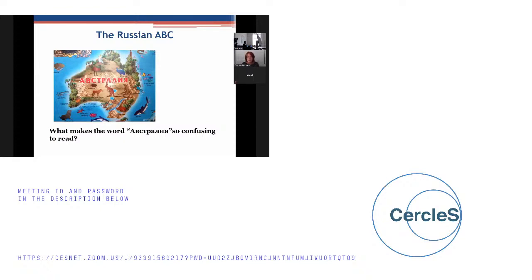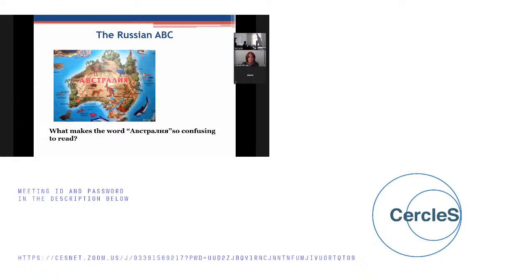So we start with the Russian ABC, and as a native Russian, I have to remind myself that Russian is a difficult language to learn, and the Russian ABC is a very complex thing to acquire. Once a student of mine was so amazed by the word Australia that he took a picture of a poster which he accidentally saw somewhere with this Russian word and sent it to every friend and every relative.